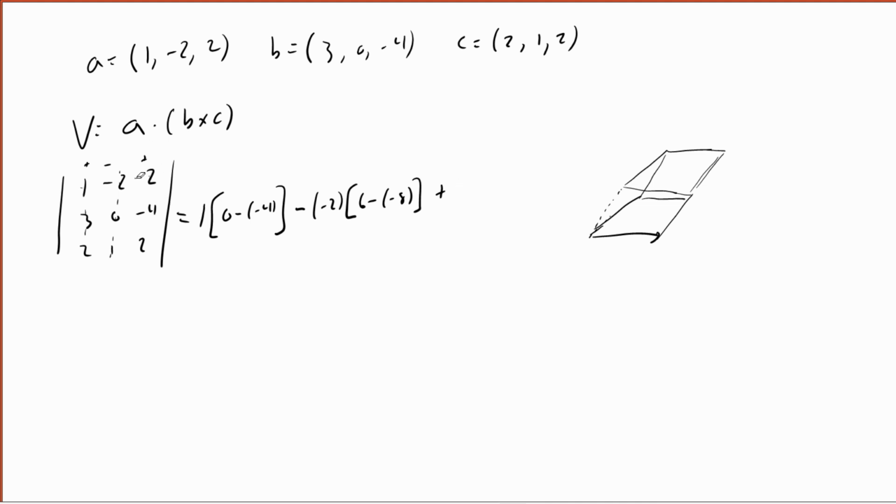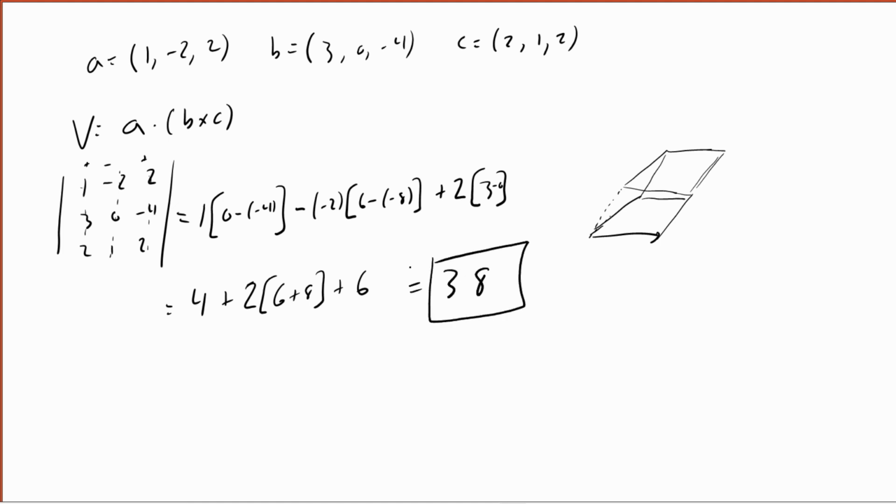That dash kind of mysteriously appeared in there. So that's 2 times, cross that out, we have 3 minus 0. So that gives us 4 plus 2 times 14 plus 6, so 6 plus 8 is 14, 28. We get 38. And that's all.